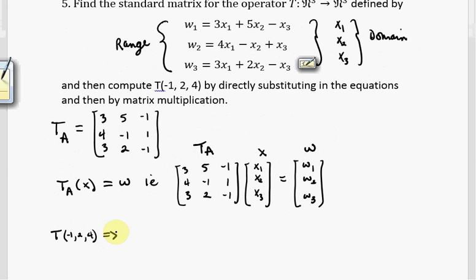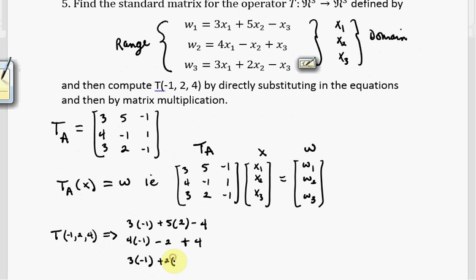So this implies that we have 3 times -1 plus 5 times 2 minus 4. The second one is 4 times -1 minus 2 plus 4. Then the last one is 3 times negative 1, plus 2 times x sub 2, that's 2, then minus 4. Just plug in x sub 1, x sub 2, x sub 3 into the equation system.